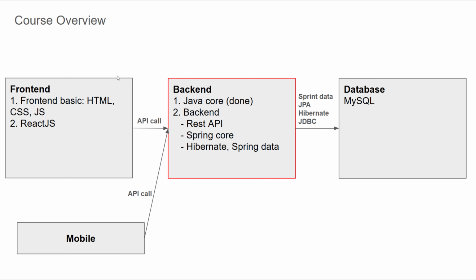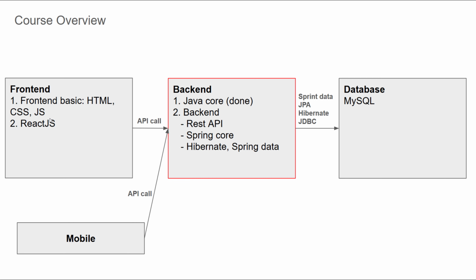So let's quickly revisit the entire structure of the Java Full Stack Developer course to give you an idea of how everything ties together. The first is front end. For the front end, we have two parts: front end basics and React.js.